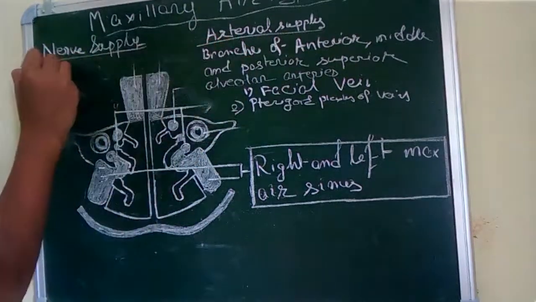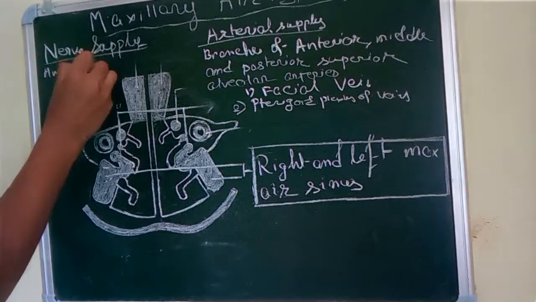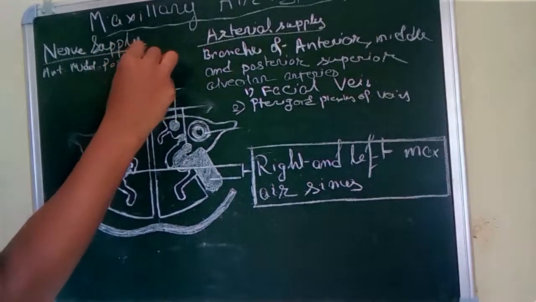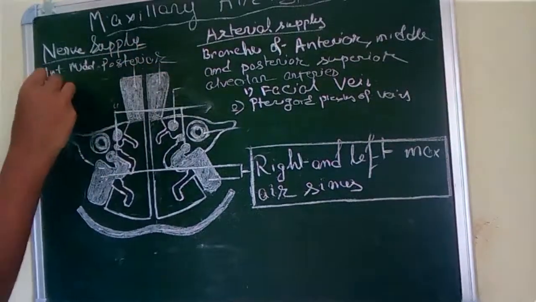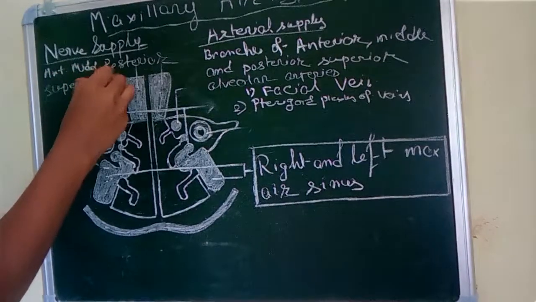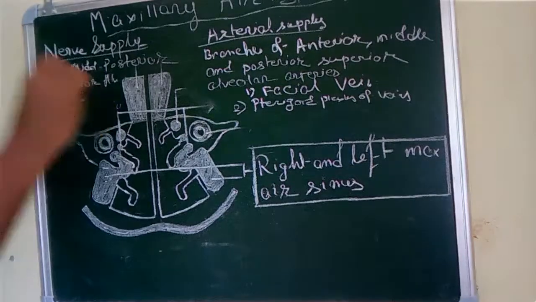Same, the anterior, middle and posterior superior alveolar nerve.